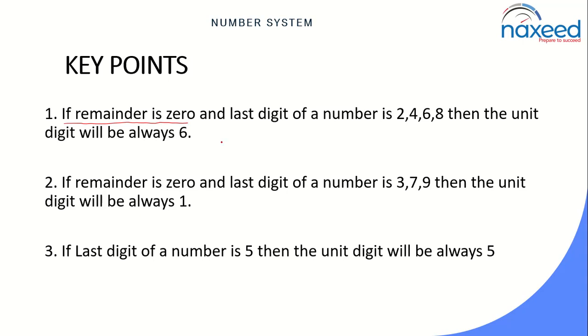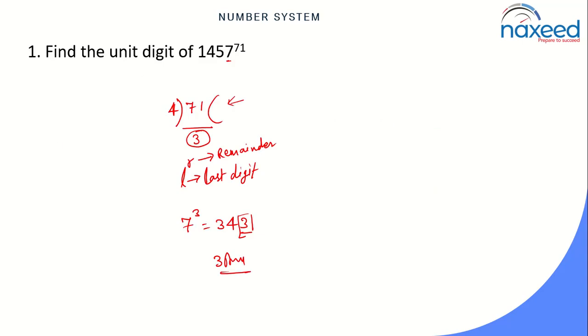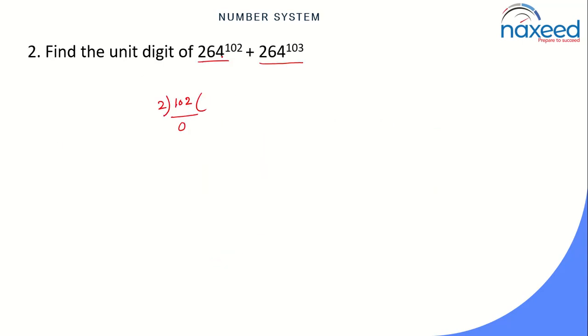So here, if the remainder is 0 and the last digit of a number is 2, 4, 6, 8, correct? In the second point, if the remainder is 0 and the last digit of a number is 3, 7, 9. So in our question, what is the last digit here? The last digit is 4, correct?